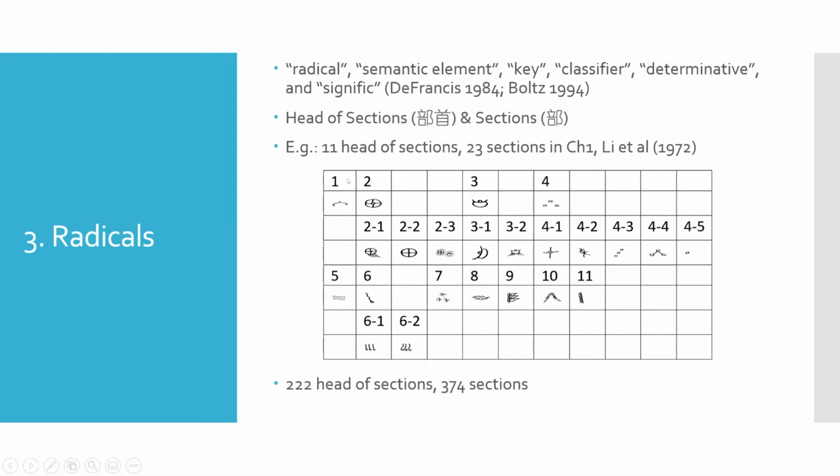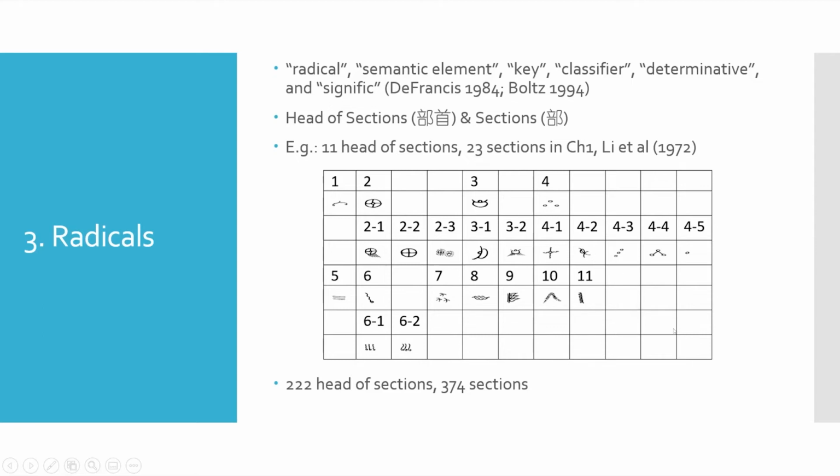They are numbered from 1 to 11. And then in the secondary level, with the hyphen after each number, the sub radicals are listed here. So as for these 11 head of sections, there are 23 sections in all.